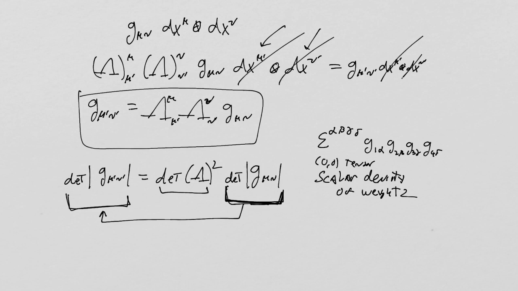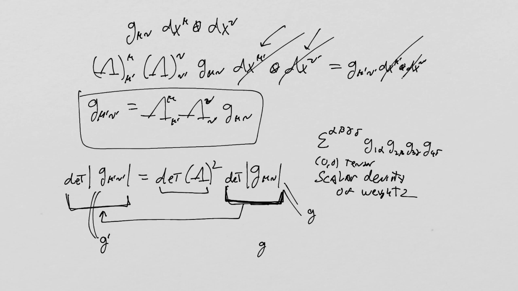Likewise, since it's a scalar, we can take square roots of both sides because it's just numbers. It's conventional, by the way, to use G prime and G. This guy here is called G, and this guy here is called G prime.